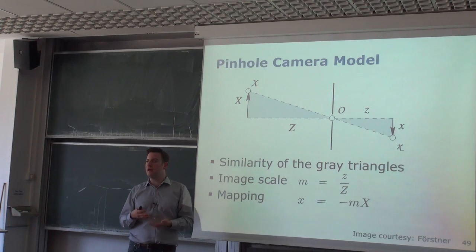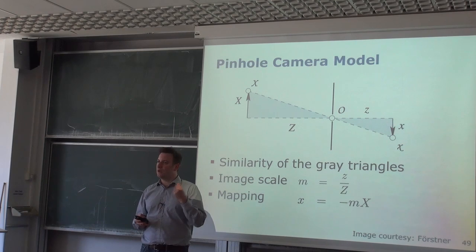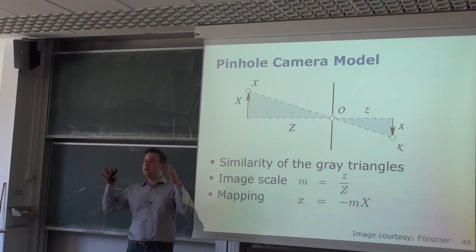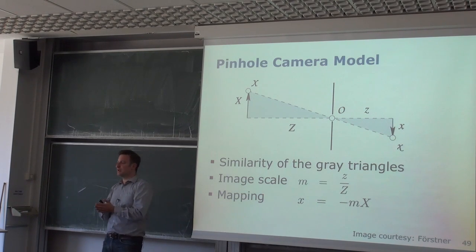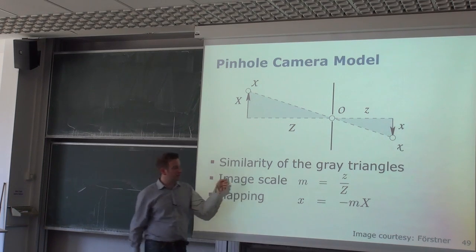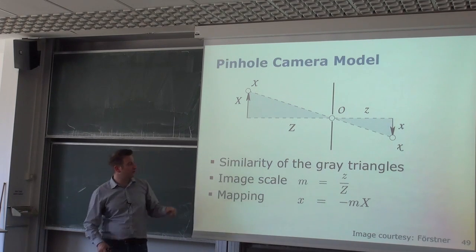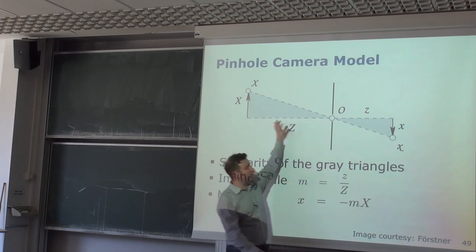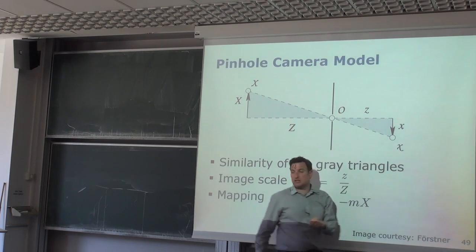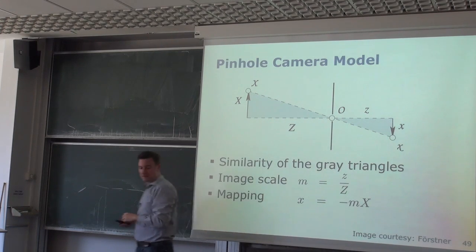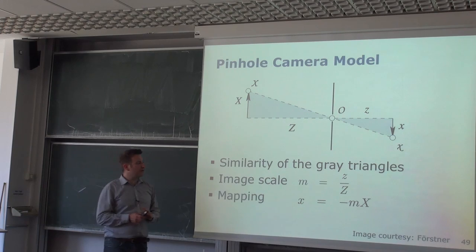If you think about macro photography, we take a picture of an object so that the pictured object is larger than the original object. So we can take any values in here. It does not necessarily mean that the pictured object is always smaller than the object in reality. And we can also compute a mapping.